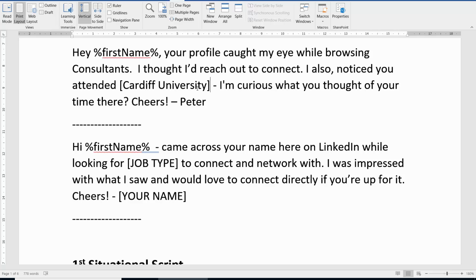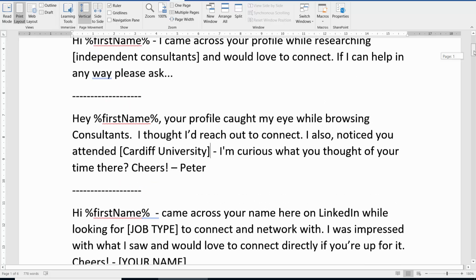Within LinkedIn, you can search for all of the things that I'm going to show you in the Boolean search and how to create in-depth searches. You can also search for, say, independent consultants that are self-employed that went to Cardiff University. So we have a touch point, and theoretically that will increase the level of engagement.